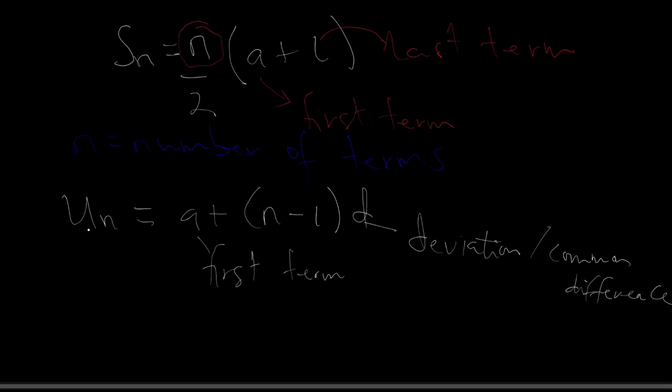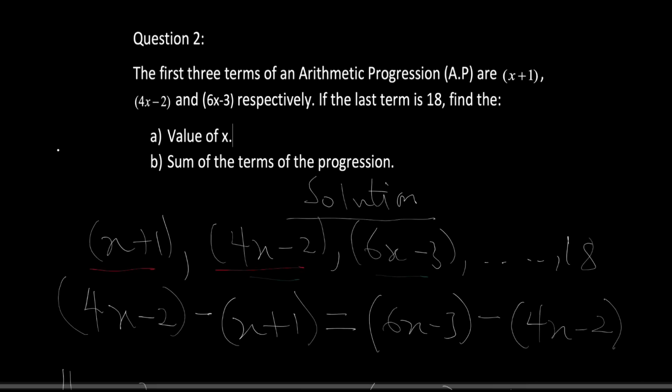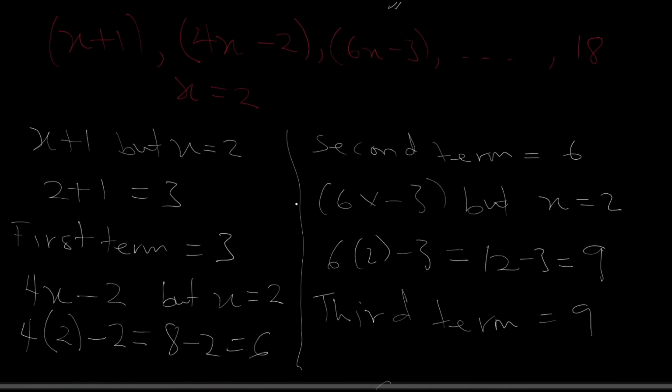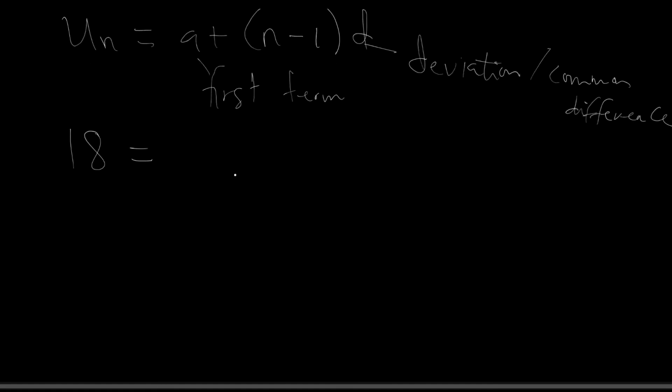So in this case, you are finding the number of terms for the last term, 18. So 18 should be equal to our first term, which we know is 3, plus, we don't know n, n minus 1, and our common difference is 3.